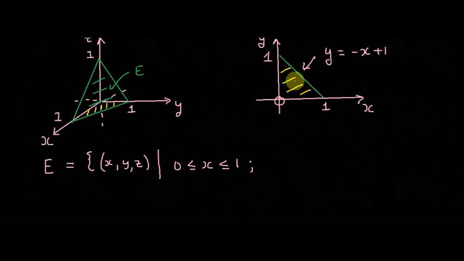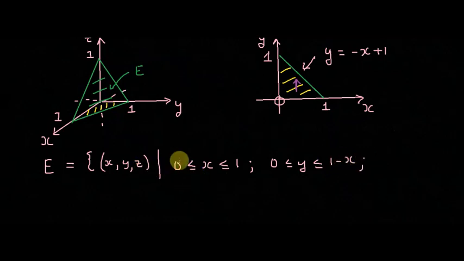y will be, we said we're using an upward arrow, so y will be bound by the x-axis, which is y equals 0, and by this line, which is of course 1 minus x.